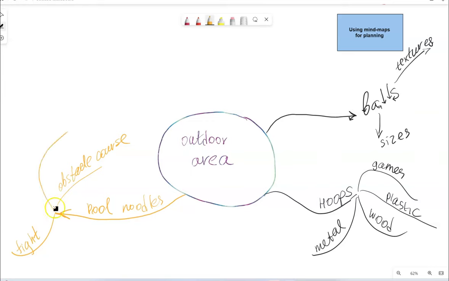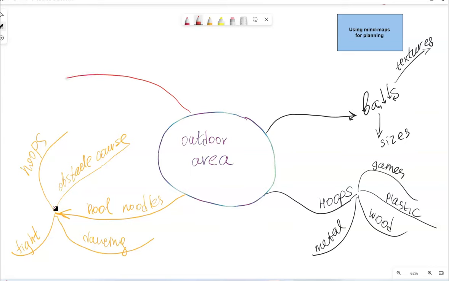You can turn them into hoops as well. Do some dancing with pool noodles, or anything you like. Then you choose a different color for the next branch.